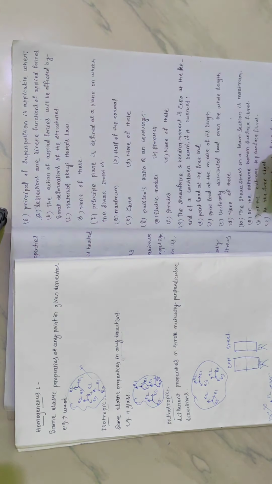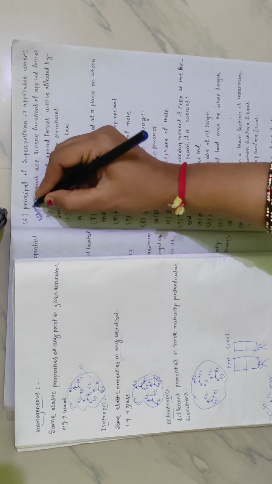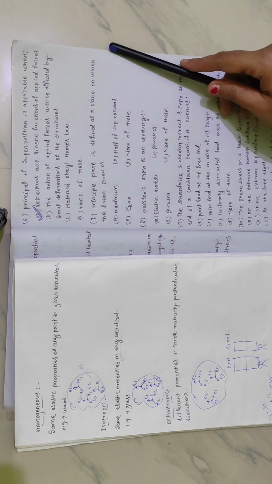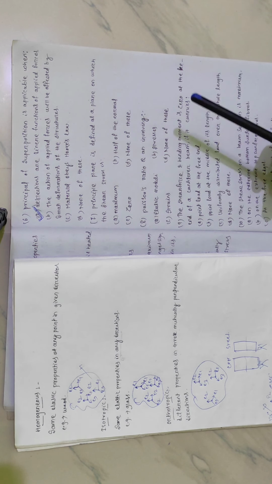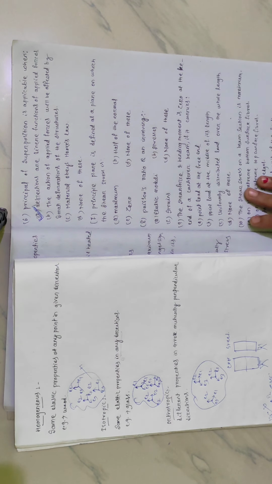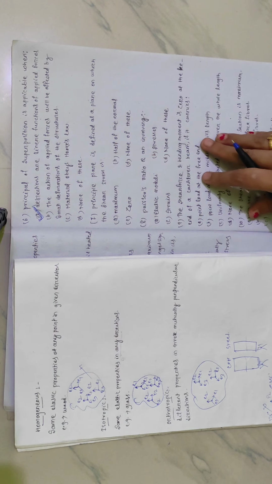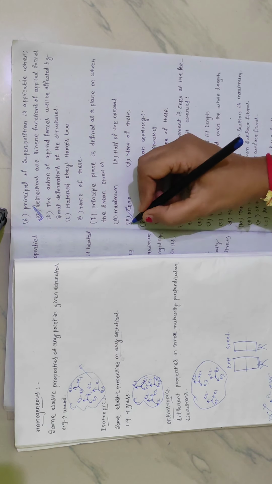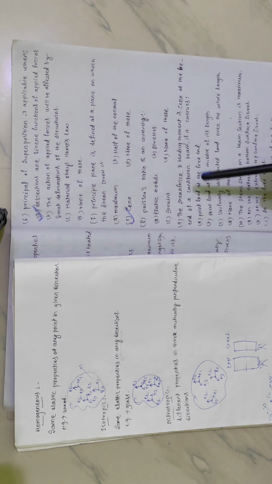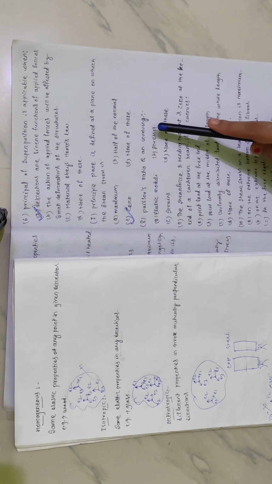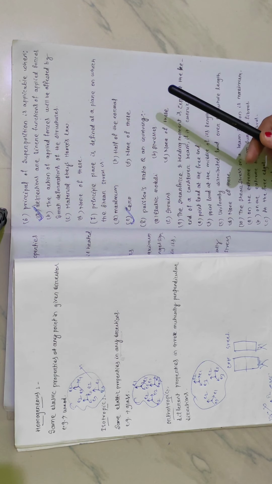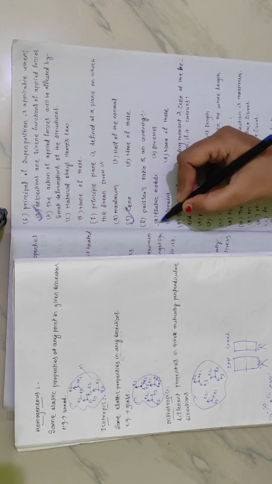Answer is A. Principal plane is defined as a plane on which the shear stress is 0. Answer is C, 0. Poisson's ratio involving elastic moduli.